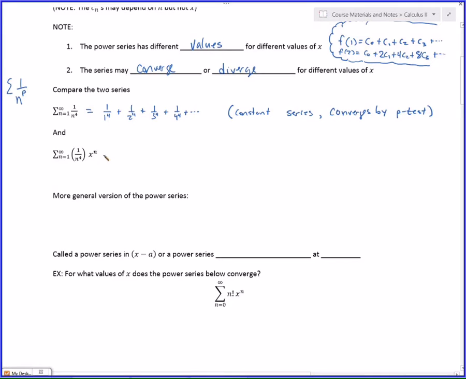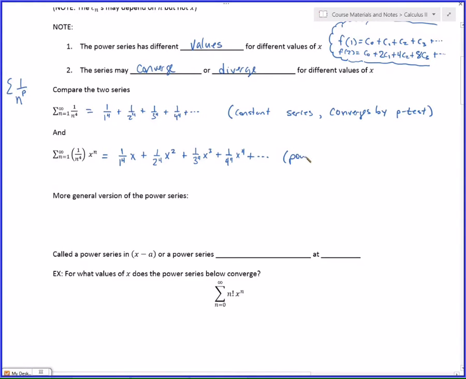Now this one, on the other hand, would look like 1 over 1 to the fourth times x to the first, plus 1 over 2 to the fourth times x squared. I'm just plugging in the different n's, n equal 1, n equal 2, 1 over 3 to the fourth, x to the third, plus 1 over 4 to the fourth, x to the fourth, plus, and so on.